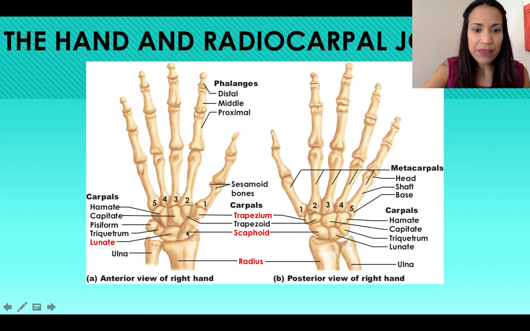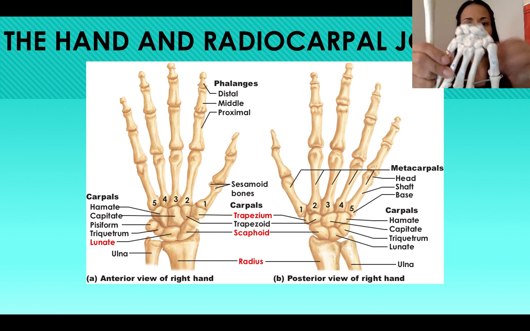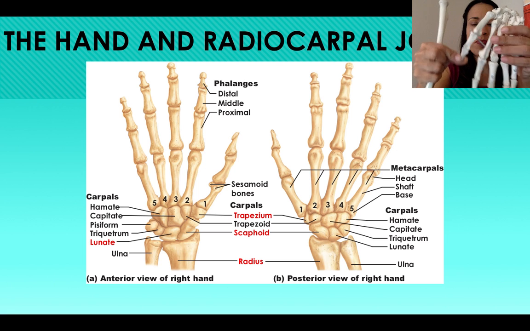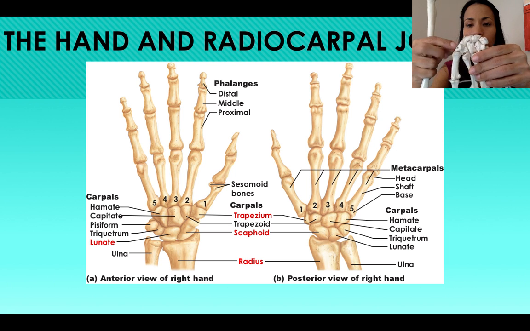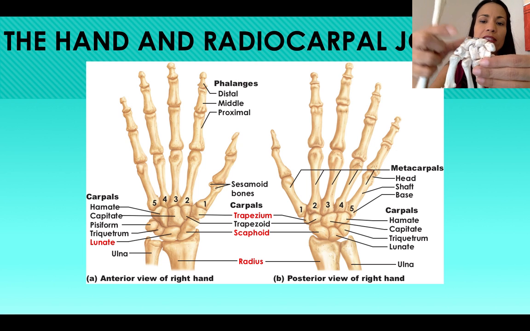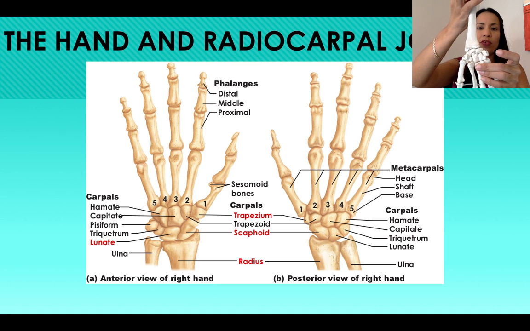So the scaphoid and the lunate are the 2 carpal bones that articulate with the radius to form the radiocarpal joint. So in here we have the hand. This is the pollex. Starting from lateral, this is the scaphoid and this is the lunate. And these 2 articulate like this with the radius.